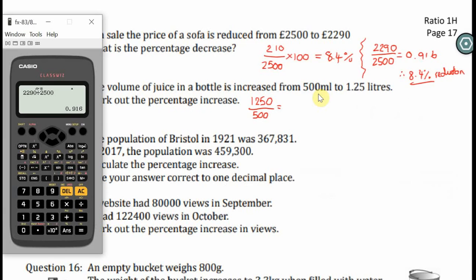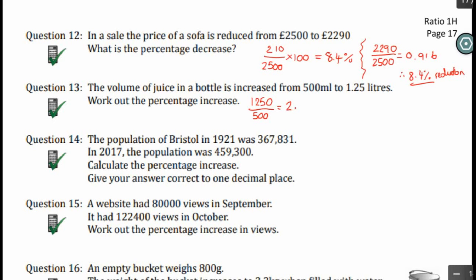So 1250 divided by 500 gives 2.5 as our multiplier, which is a 150% increase. Okay, because if you think about it, what we do is we take away 1, that will give us 1.5, so 150%.